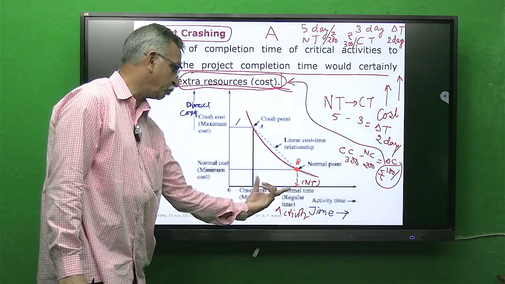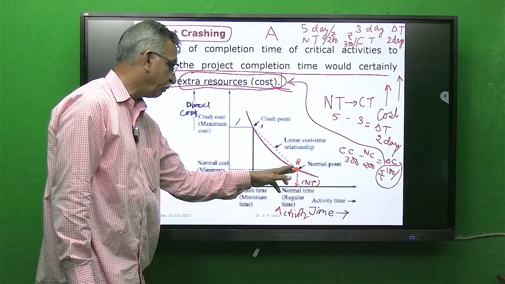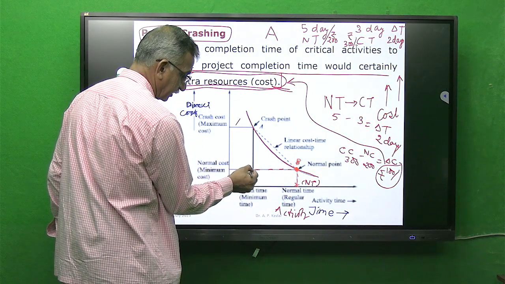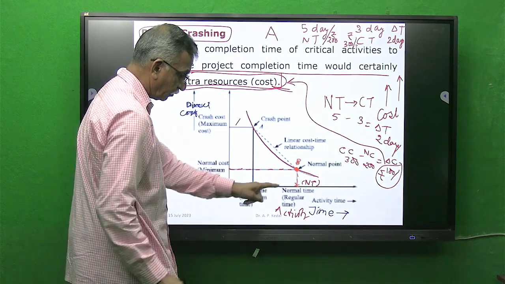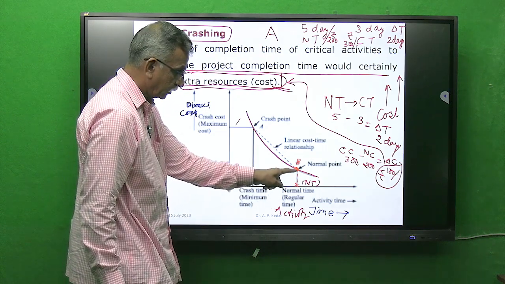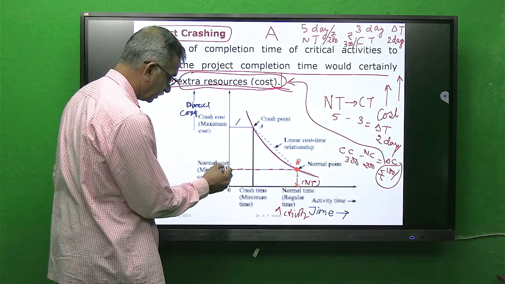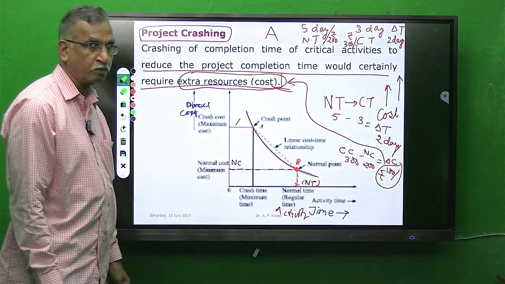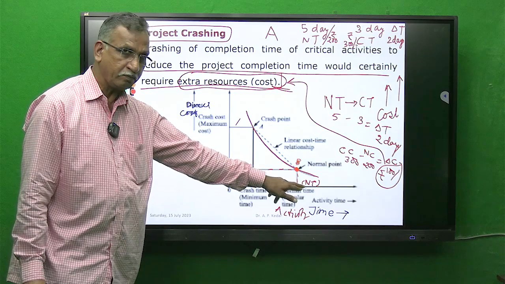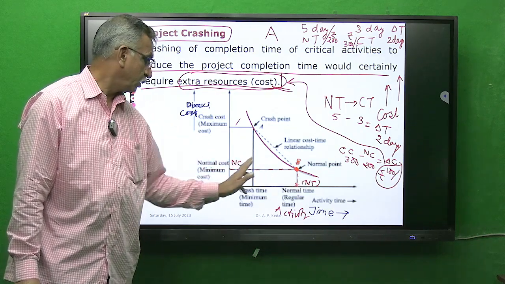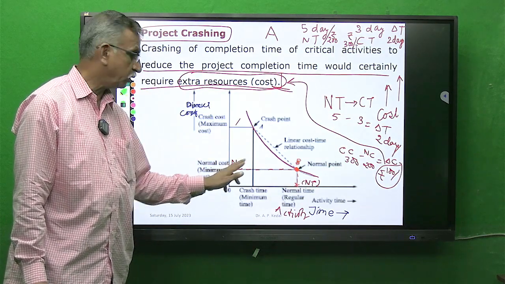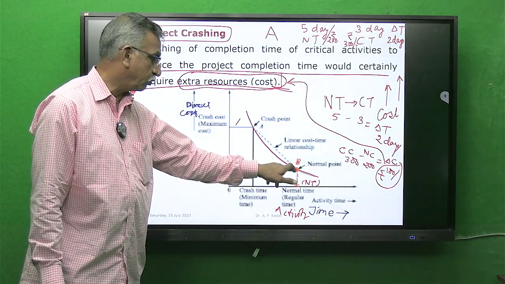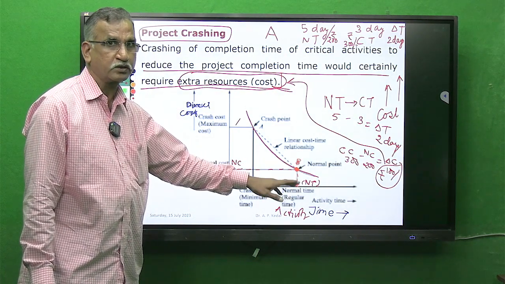From 0 to this point is normal time, and if I project on the y-axis, I get the corresponding normal cost, abbreviated NC. So normal time NT and normal cost NC. From this point I have projected on the x and y axes.